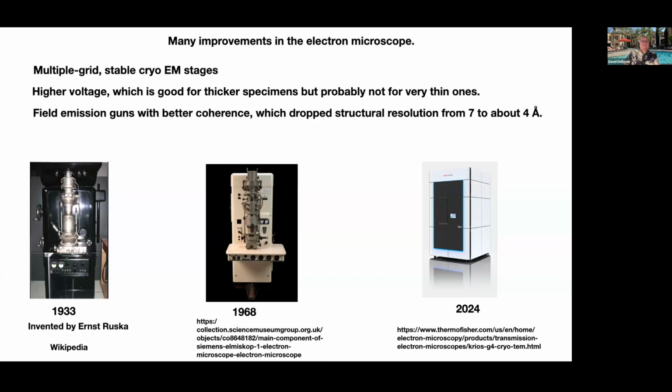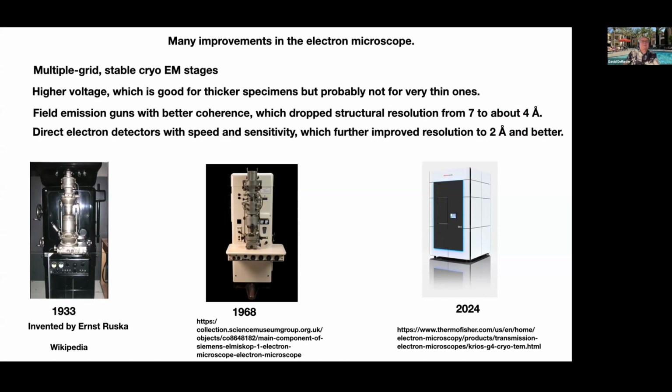Field emission guns made an instant change in the resolutions that people could achieve, from about 7 angstroms, as Richard Henderson had done, to about 4, but we were still stuck until we had direct electron detectors, which further improved resolution to 2 angstroms and better. And energy filters, which remove inelastically scattered electrons, thus improving contrast.